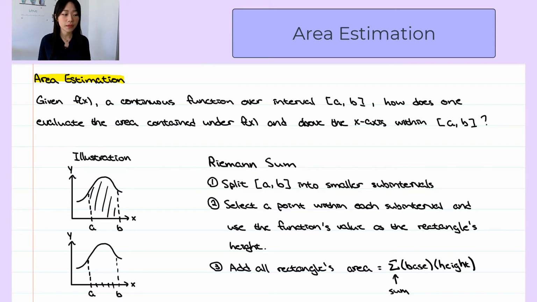And here are the 3 steps. First, we're going to split the interval a to b into smaller subintervals. Then we're going to select a point within each subinterval and use the function's value as the rectangle's height.